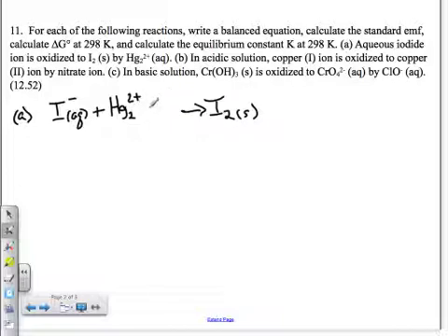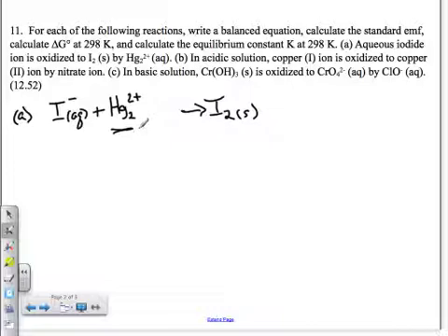All right. So what you're going to do is use your standard reduction potential table to help you with the other part of this. What does mercury become? Look up mercury with that species, Hg2 2 plus, find it on your table. Now, of course, you know iodine is being oxidized and Hg2 2 plus is being reduced.